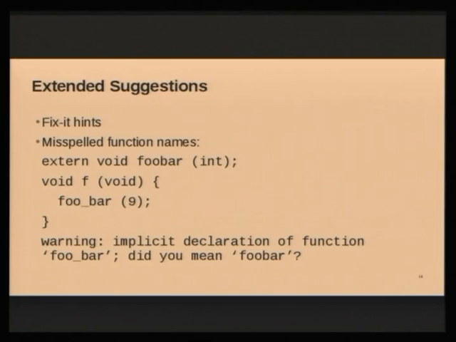And it's also now able to give a hint if you misspell function names. So apparently we have a declaration of foobar, but we used foo_bar with an underscore, so it will say did you mean this instead of this? So that's pretty cool. And it also handles macro names, and some other stuff basically. It also handles command line option names and attributes.